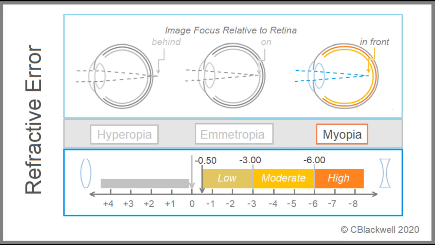WHO puts high myopia at minus 5. These divisions are based both on reduced vision and complication rates. Note the color coding for low, medium, and high, as it will continue through the video. It is a key concept that the risk of complications increases with degree of myopia.